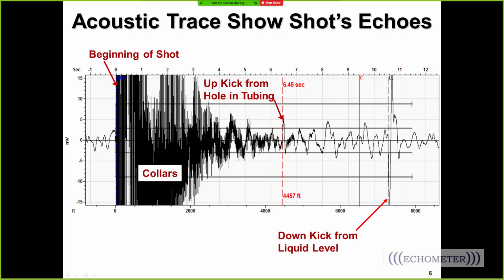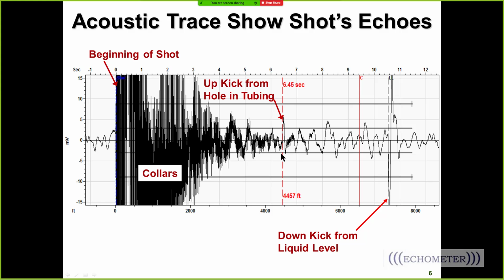And when you explode gas in the well, then any decrease in cross-sectional area is going to echo back a down kick. Any increase in cross-sectional area is going to echo back an up kick, and that's what this is. So that up kick is an increase. If you look in your wellbore schematic, there's nothing here that should increase the wellbore. This kick doesn't belong here.